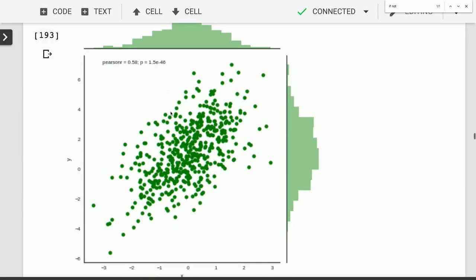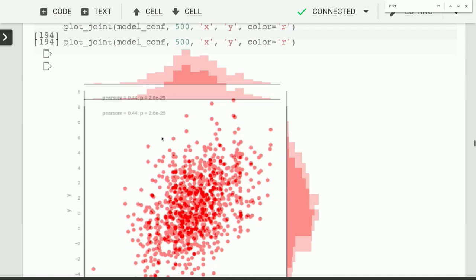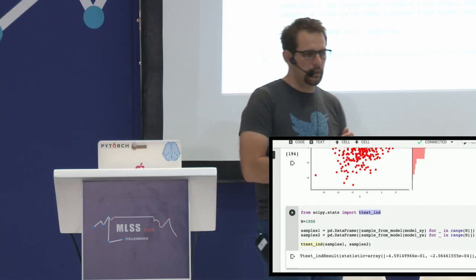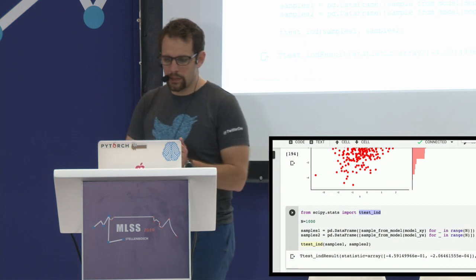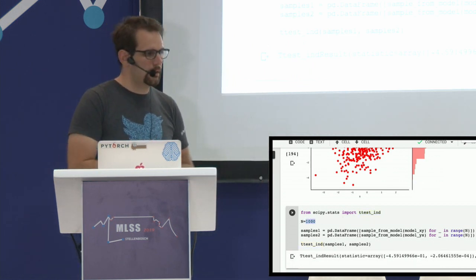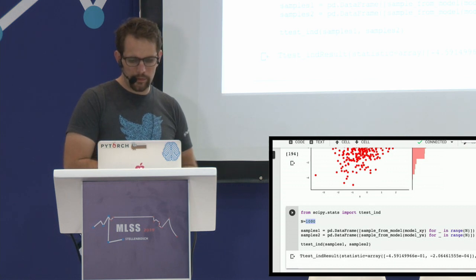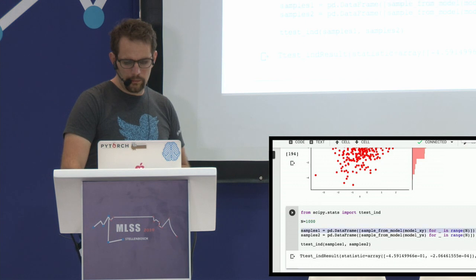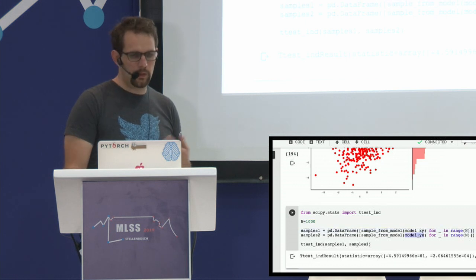Now, one thing that I can also show you is if you run, say, a statistical test. So here I run a t-test, which tests if the means of the random samples are the same. I use 1,000 samples, and I sample from model XY and I sample from model YX.